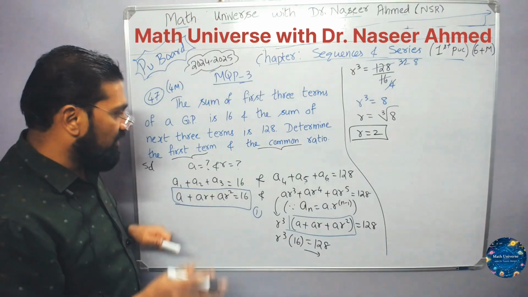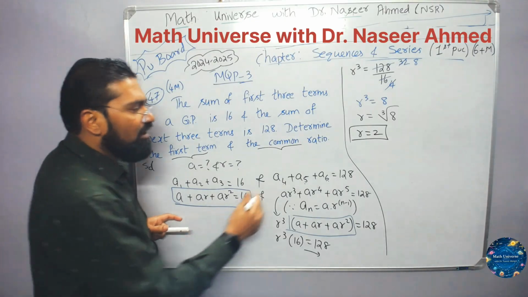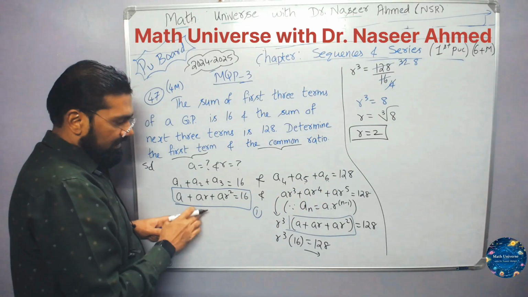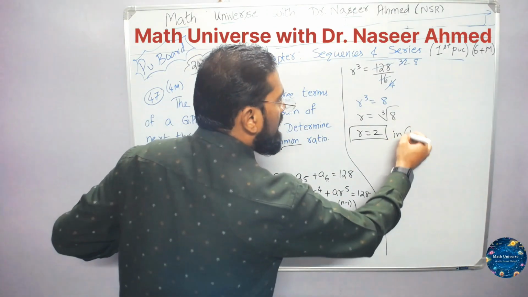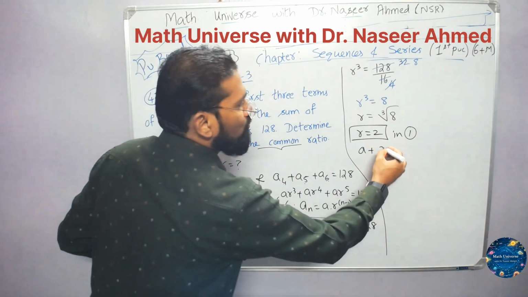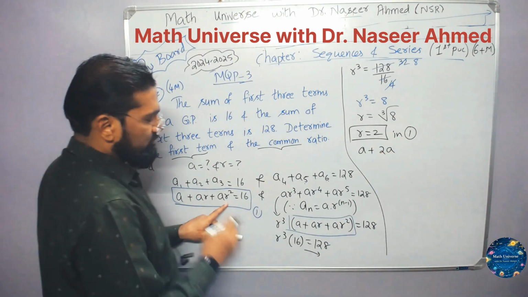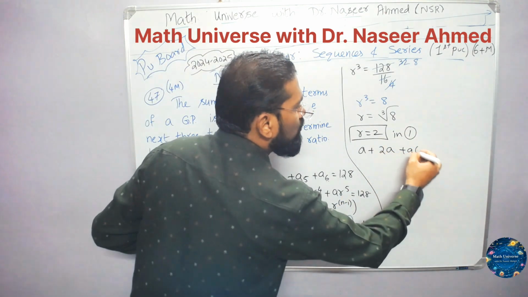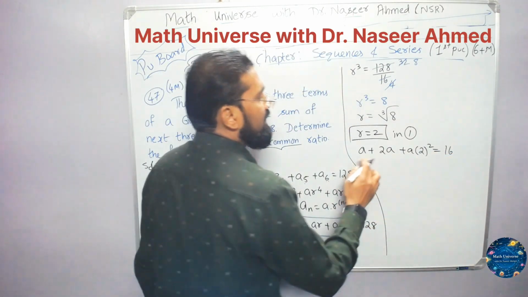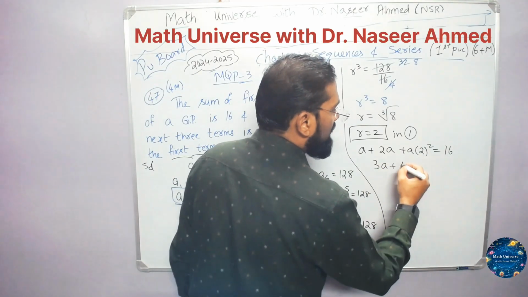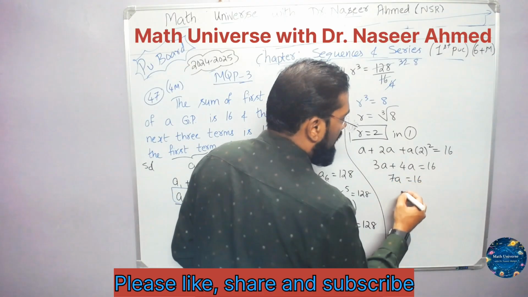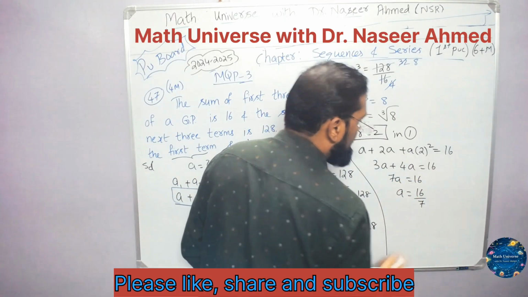I want next the first term. To get the first term, either I can put in equation number 1 or in this one, but this is a bit lengthy in working because we have different powers of R. So if I put in equation number 1, we have A plus A into R, R is 2, so 2A, then again R is 2 with a square, so A plus 2A is 3A, then 2 square is 4A, equal to 16. 4A plus 3A will be 7A is equal to 16, or A is equal to 16 by 7.